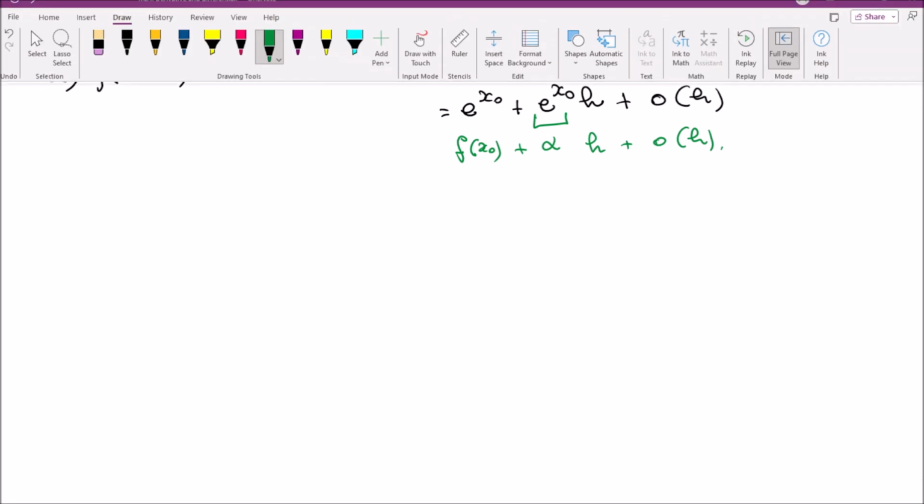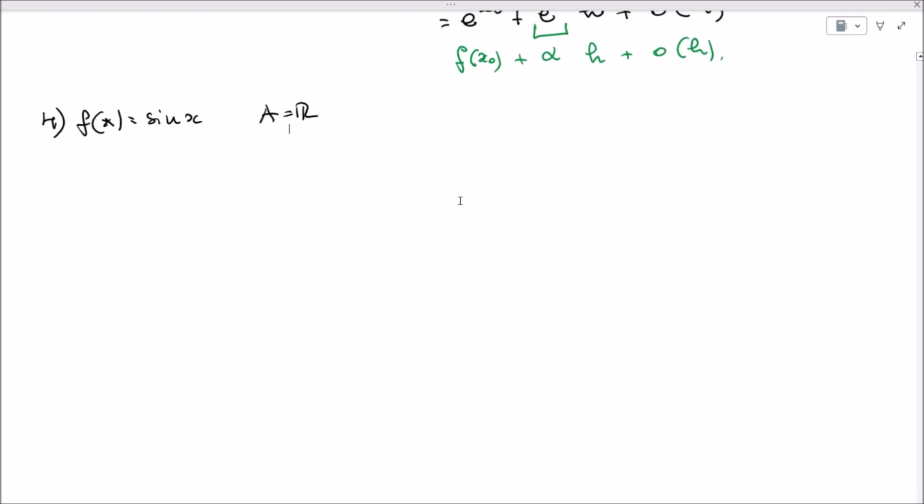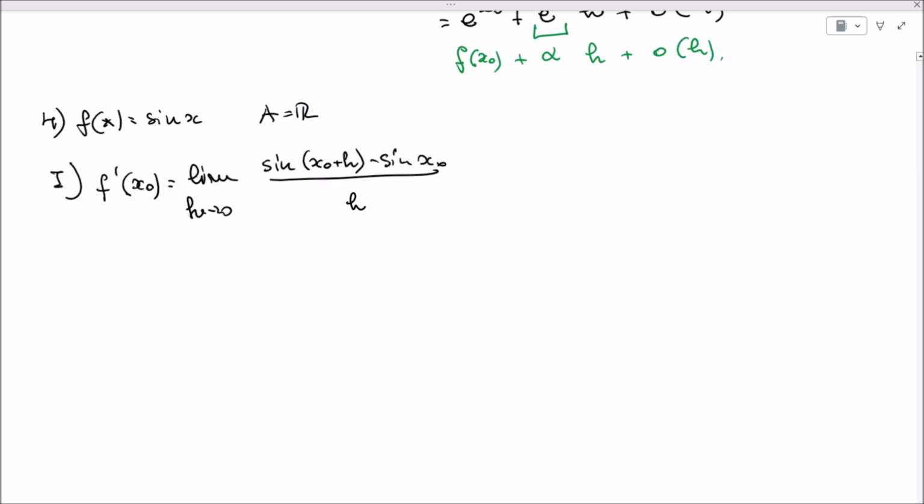Sine function. What about the derivative of, sorry, this is number 4, f of x equal to the sine of x. Again, A is the entire real line. So we can now compute the derivative at any point x naught. So f prime of x naught is the limit as h goes to 0 of sine of x naught plus h minus sine of x naught divided by h.